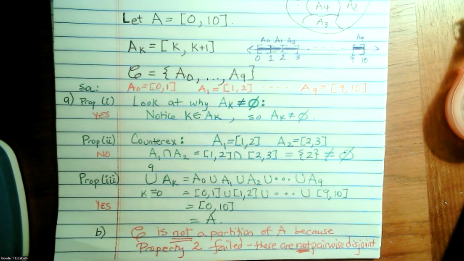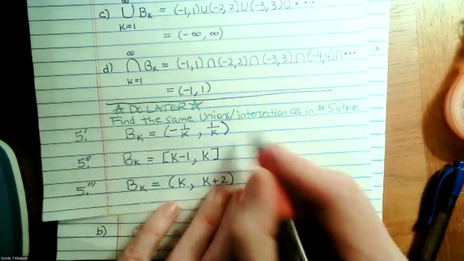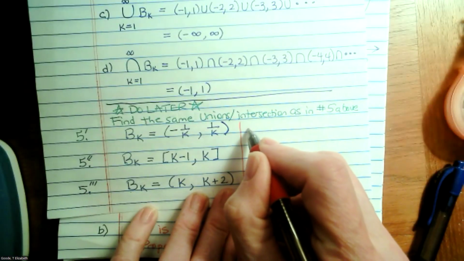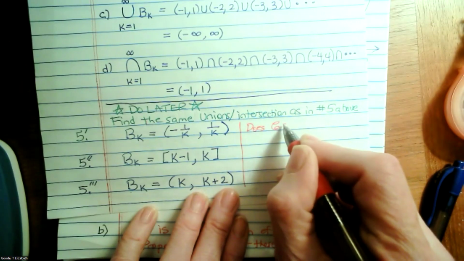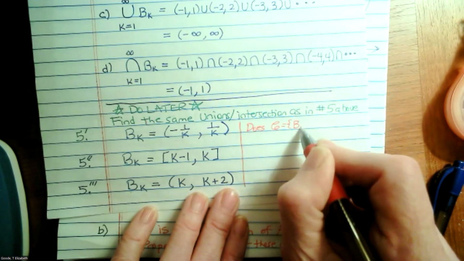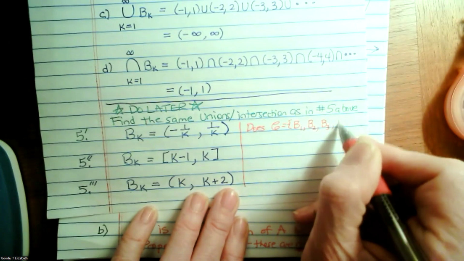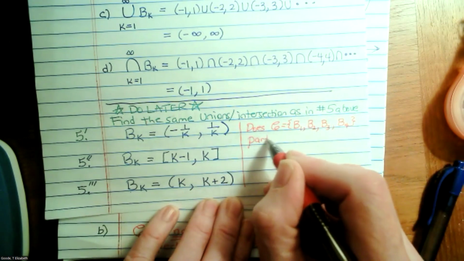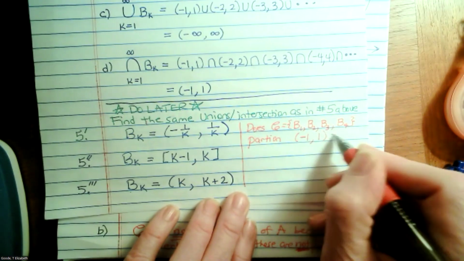All right, if you're looking for practice to do later on this, we can go back here. Here I'm going to say, does the collection that has B1, B2, B3 and B4, because that's what you're going to be looking at closely when you draw your pictures, partition -1 to 1, which is going to be our A?